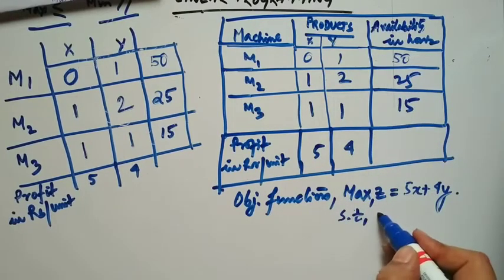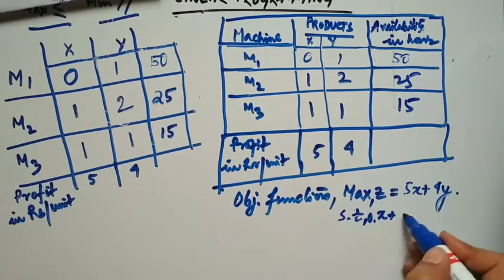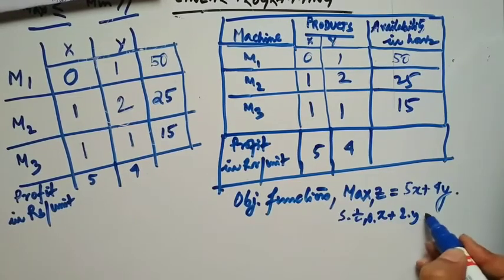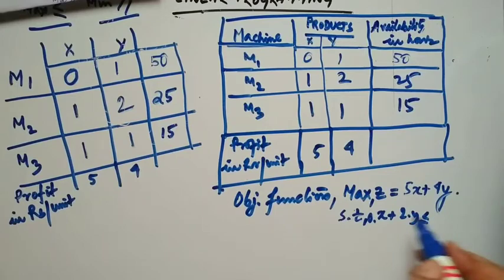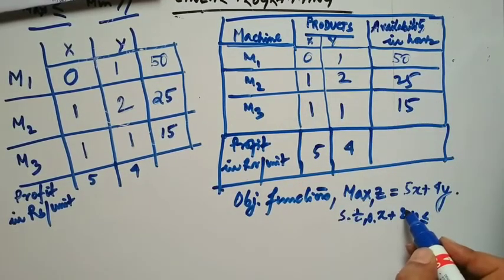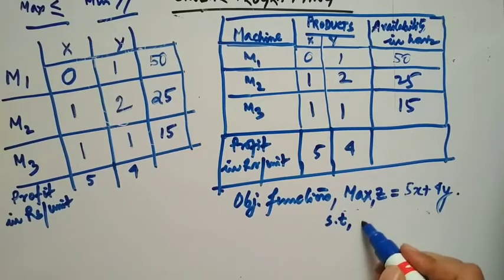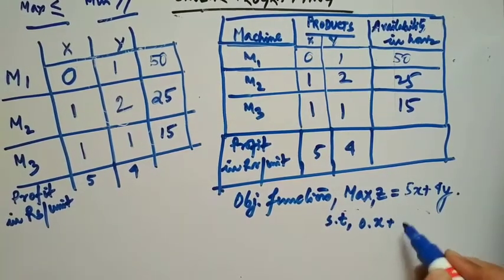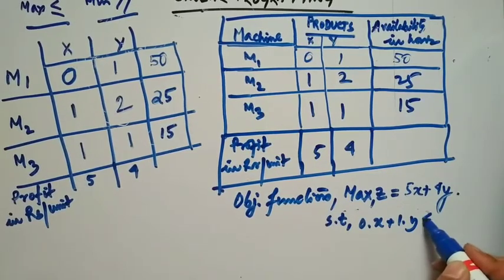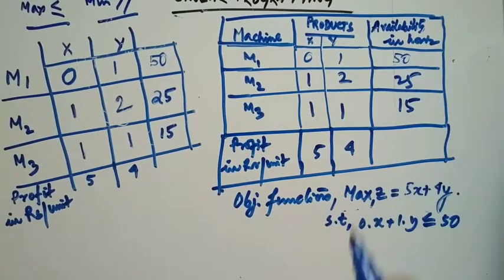So it will be subject to 0 into x plus 1 into y less than or equal to, how much? 50 is given over here, 50.